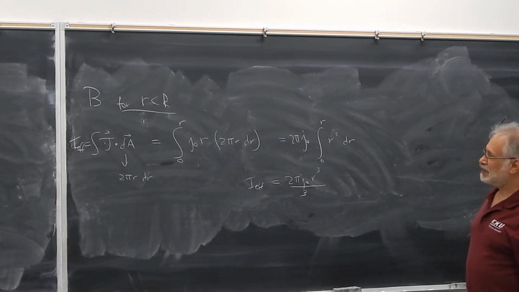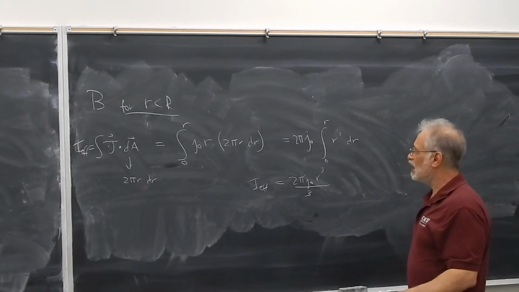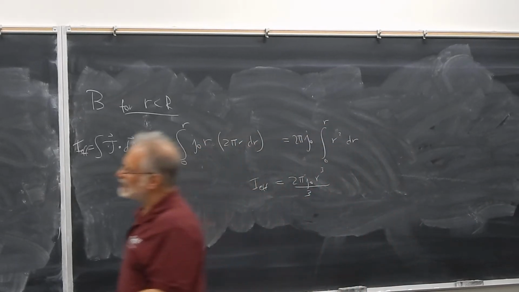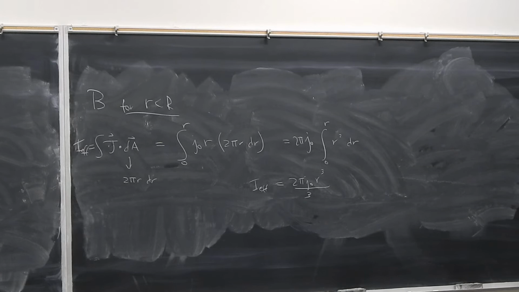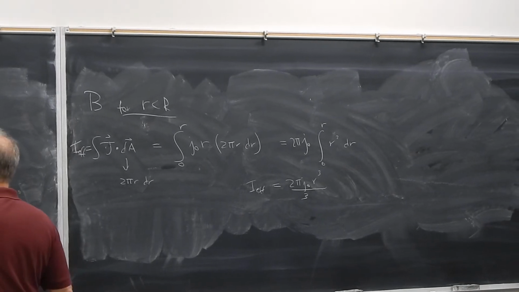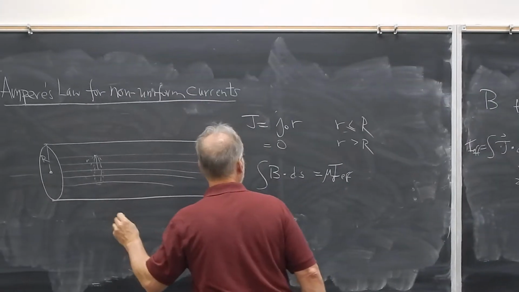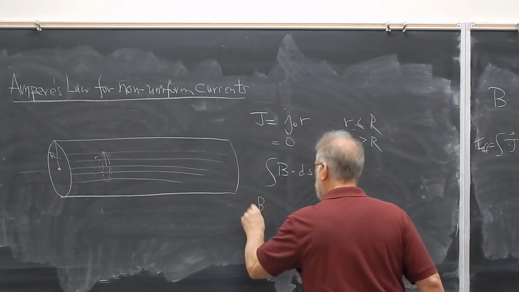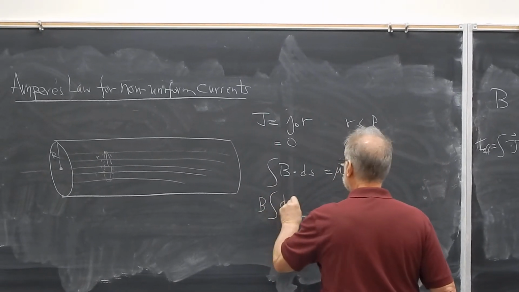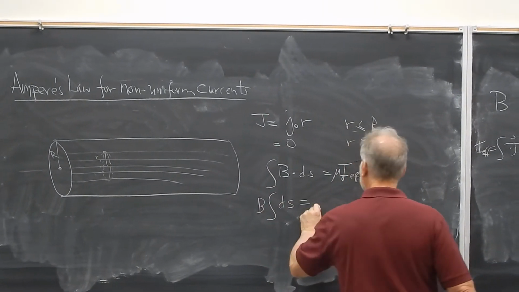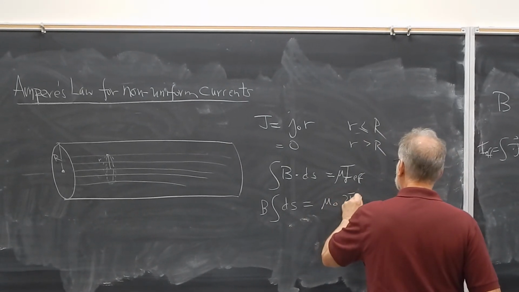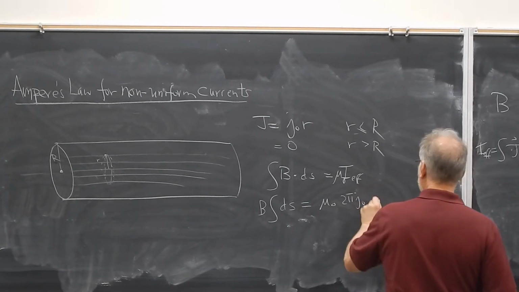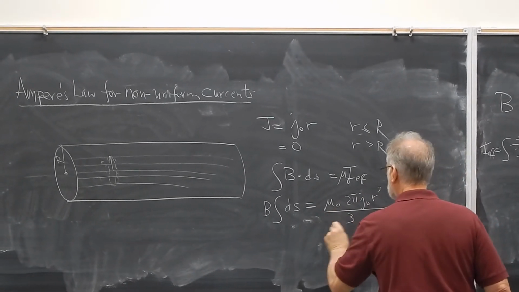Now I can apply Ampere's law. I know that the magnetic field is going to be constant at every point on this loop. It's also in the same direction as ds, and therefore I can write this as B, outside the integral of ds, is equal to mu naught times 2 pi J naught r cubed over 3.